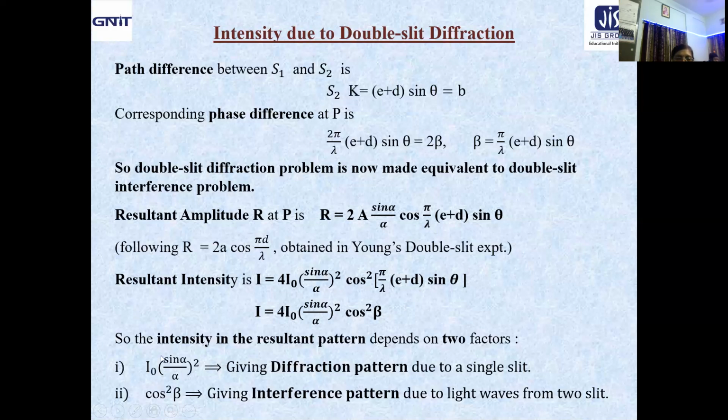So I0 sine squared alpha by alpha squared gives the diffraction pattern contribution due to a single slit, and cos squared beta gives the interference pattern due to light waves coming from both slits, because the beta factor includes both e plus d. Their superposition will give us the final resultant intensity. Very interesting. You just take care of this.